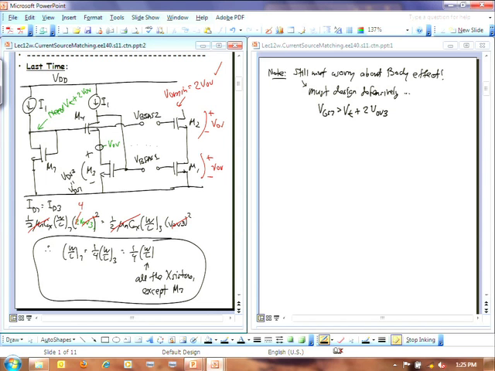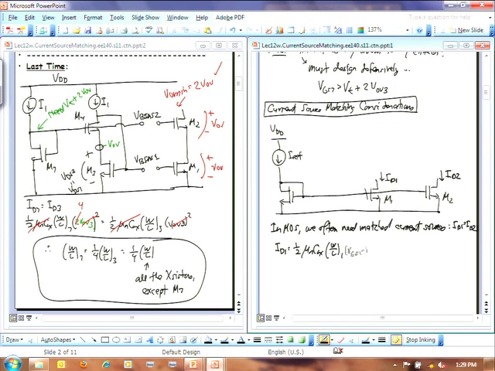Okay? And so what we try to do in this case to make sure that these currents are identical is we try to make W over L1 equal to W over L2.